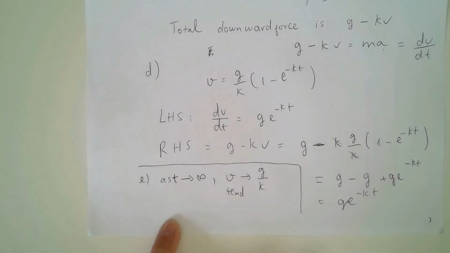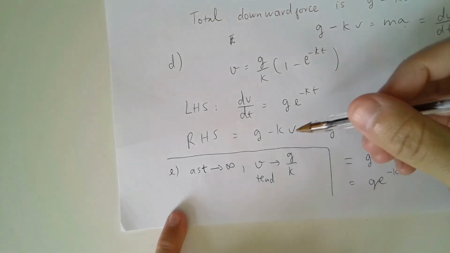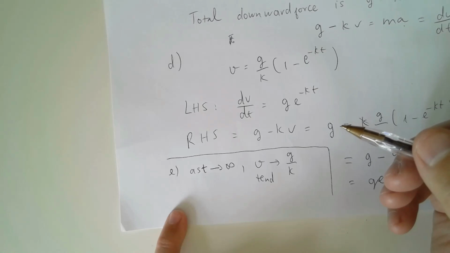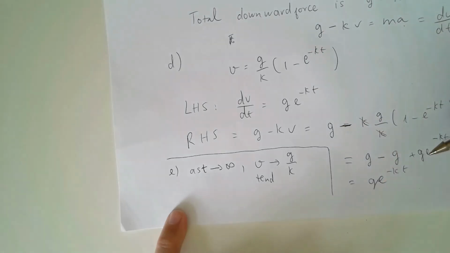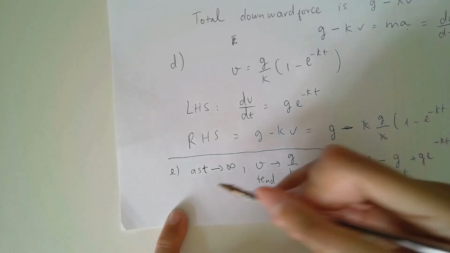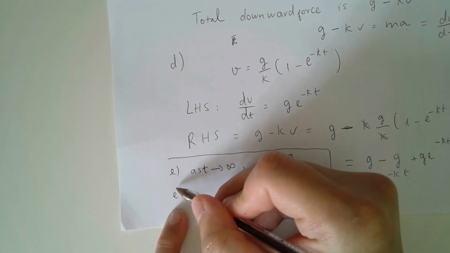If you want to explain clearly why, you have to care about e to the power minus kt.